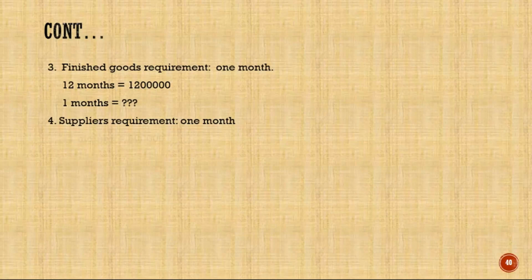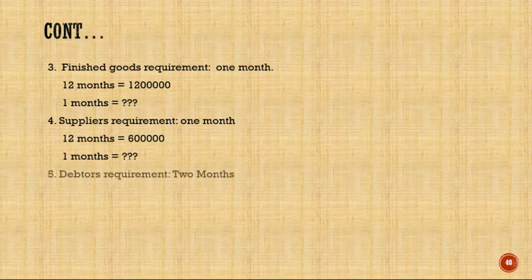So here we will take 12 months is equal to 6 lakh. This is the amount of direct raw material. On that basis, we are going to calculate the suppliers requirement. So how much for 1 month?